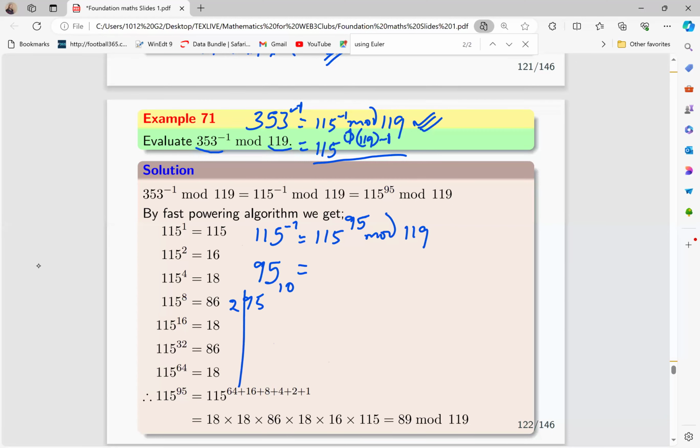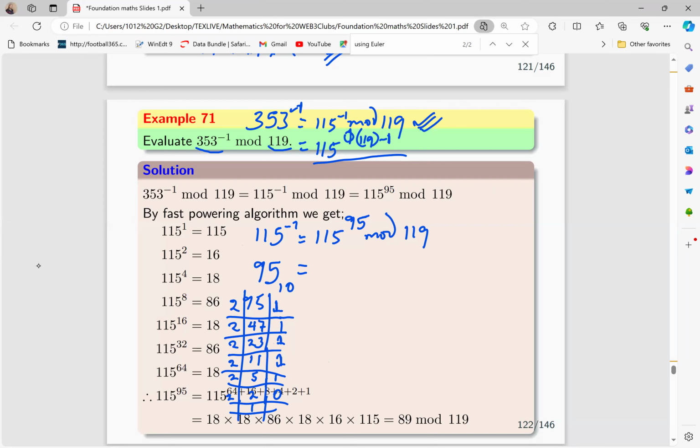We ask ourselves, 2 goes into 95 how many times, and what is the remainder? 2 into 9 is 4, remainder 1. 2 into 15 is 7, and the remainder is 1. 2 into 47 is 23, and the remainder is 1. 2 into 23 is 11, the remainder is 1. 2 into 11 is 5, the remainder is 1. 2 into 5 is 2, the remainder is 1. 2 into 2 is 1, the remainder is 0.